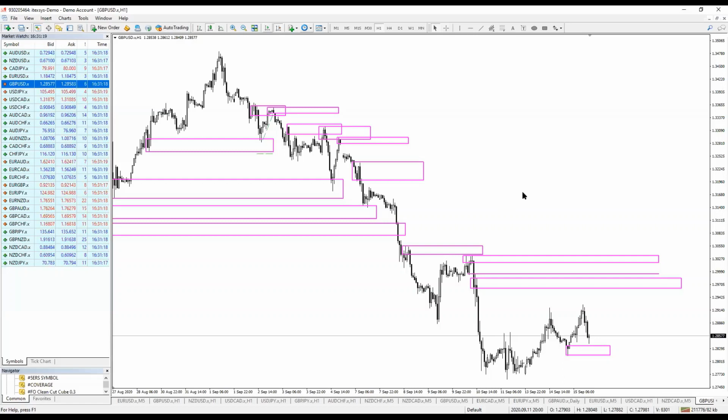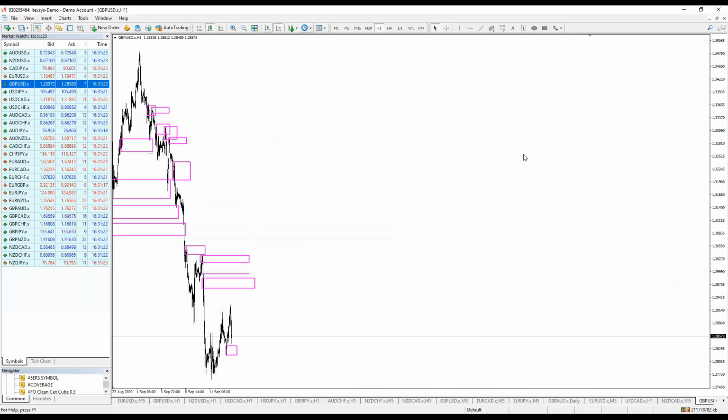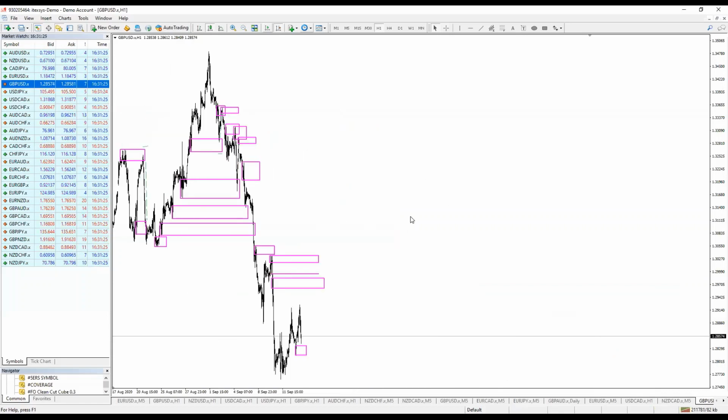Well, the good thing about supply and demand is that you don't have to guess anything. You can trade, and there's enough signals for you to trade after things have happened.